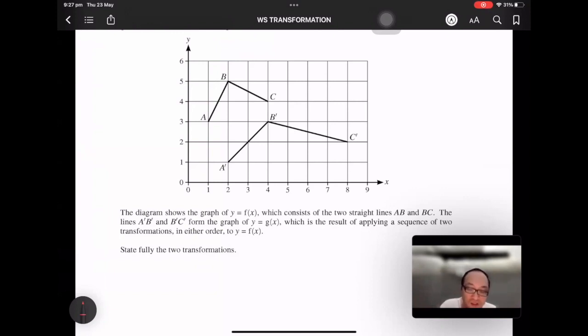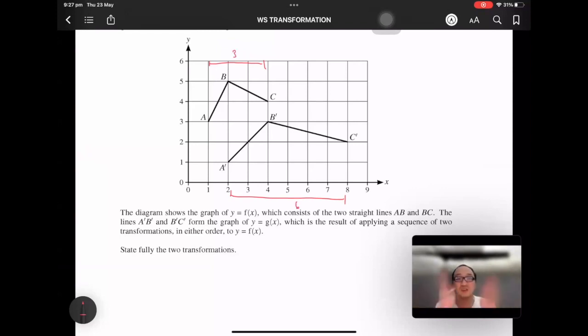We see first, AB has a horizontal length of 3 squares, while the image has 6 squares in horizontal length. So that means the curve is being stretched in the horizontal direction by the scale factor of 2, from 3 squares into 6 squares.